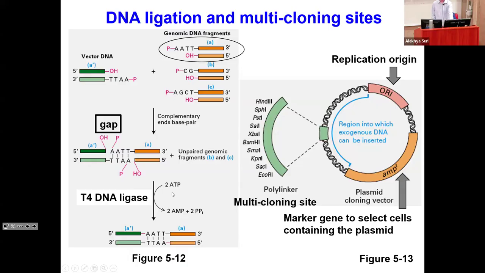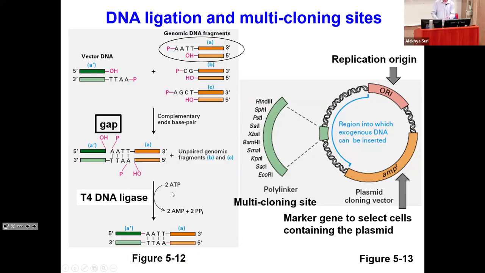The same is true with the marker gene to select cells. It's called transformation when you bring DNA into cells. This will only happen to maybe a few cells out of millions. If you plate cells on a plate, you would not know which cells have the DNA or not.